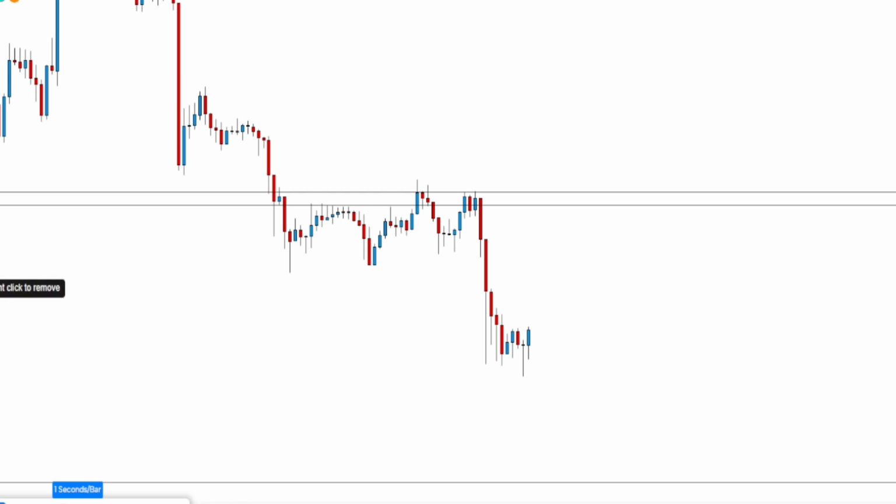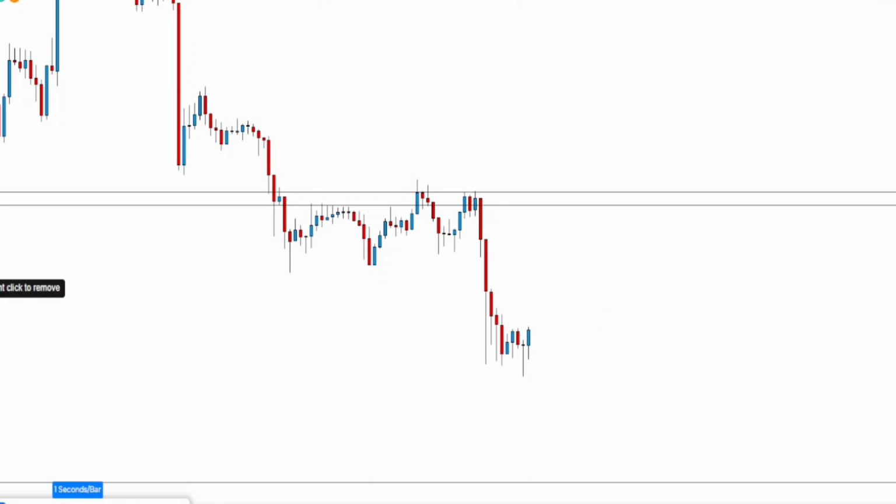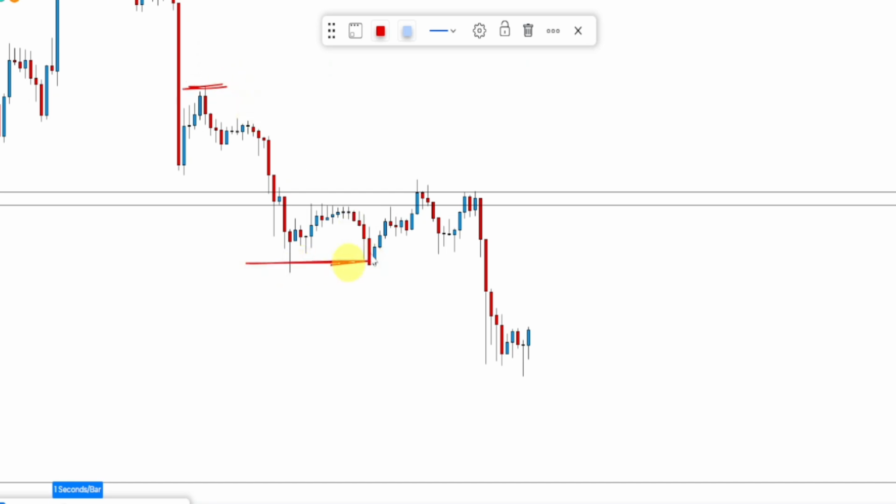In this market, price is already in a downtrend. Price dropped to the downside. The first thing I look at is the trend: a downtrend or an uptrend. In a downtrend, you look for sell trades in the market. Price made a high, dropped to a low, then a high, then a low.